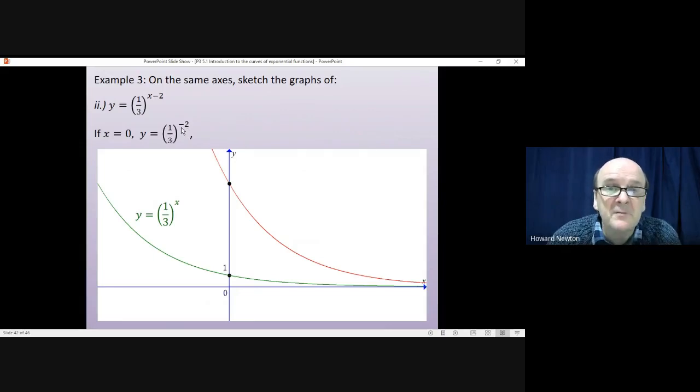Now, a third to the power of minus 2 is exactly the same thing as 3 to the power of plus 2. So you do 1 over a third, which is 3, and change the power from minus 2 to plus 2. 3 squared is 9, which means this crossing point here will be at 9 on the y-axis.